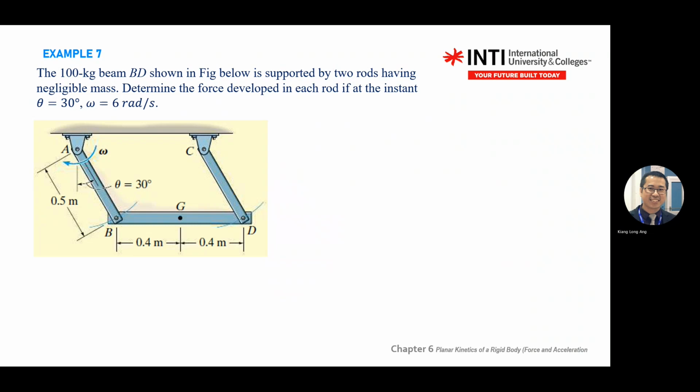You have A, you have D. You want to find forces. What are the forces at A? How do you draw forces at A? A is what? A pin. So how do you draw forces at a pin? What does the force at a pin look like?